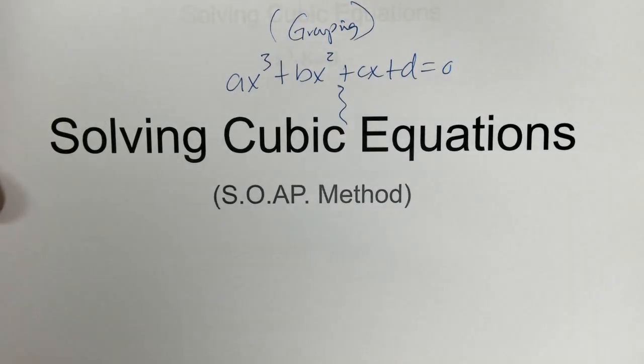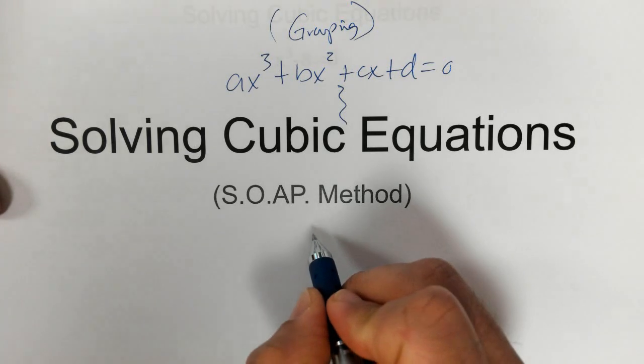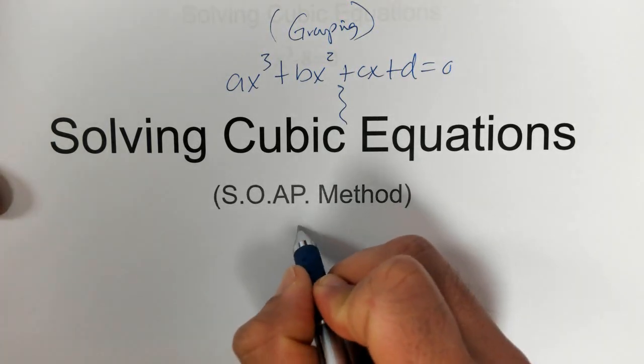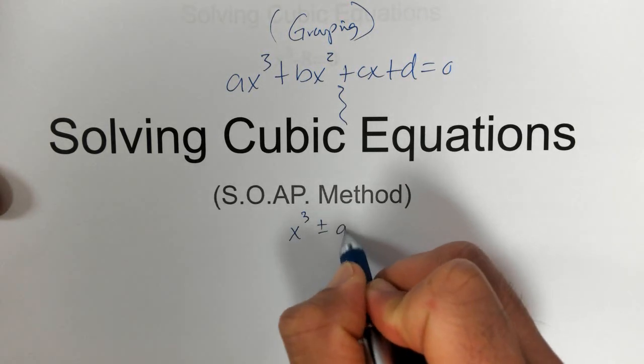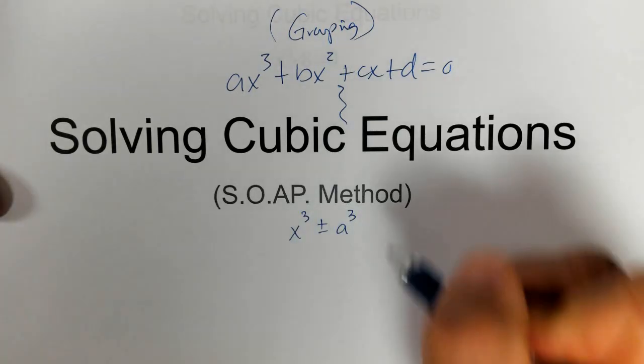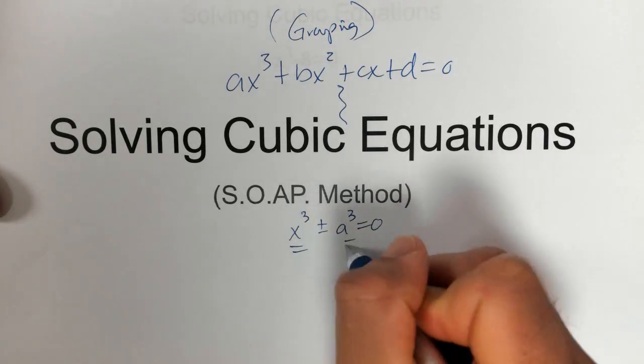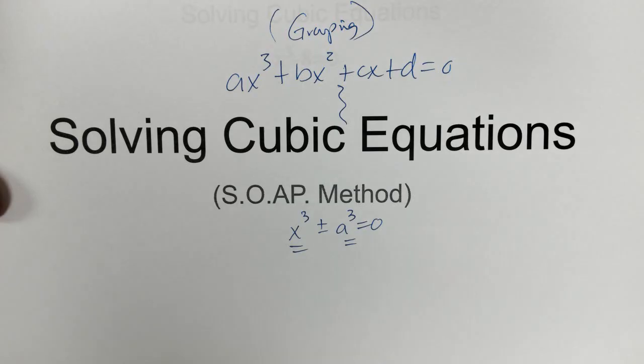Now, for this other method, we're going to be looking at polynomials with just two terms. So something like this. The equation will look something like this with only two terms, and our goal is to use the SOAP method from our previous unit when we were talking about how to factor a polynomial, the sum or difference of cubes.